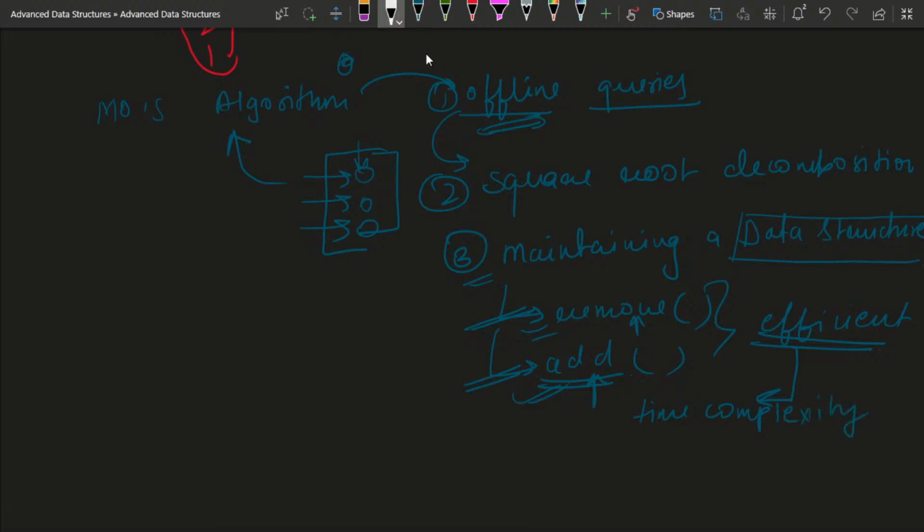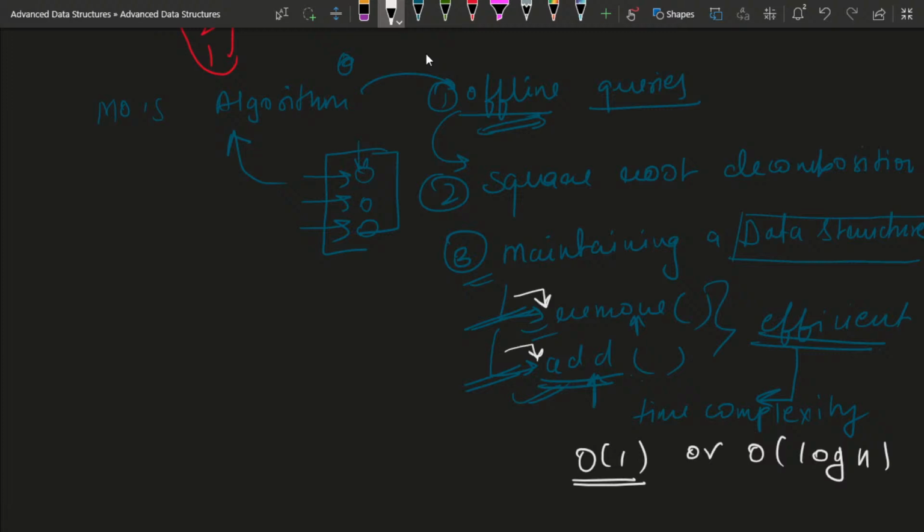So how can we say that these two operations are efficient? These two operations should be done either in order of one time or in order of log n time. So if we can maintain a data structure in such a way that we can do this in order of one time, then definitely we can apply the Mo's algorithm there.